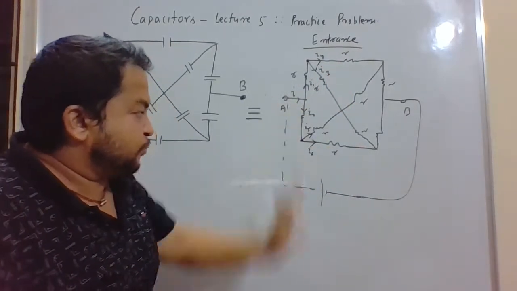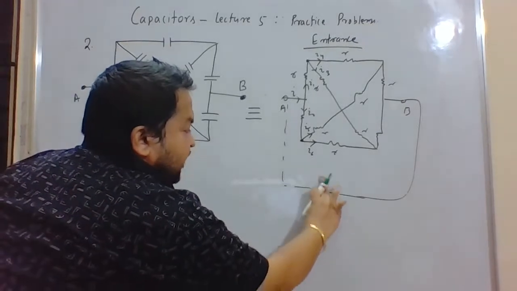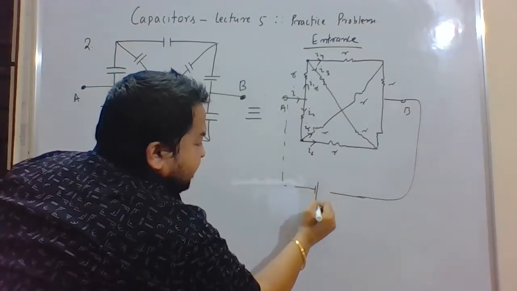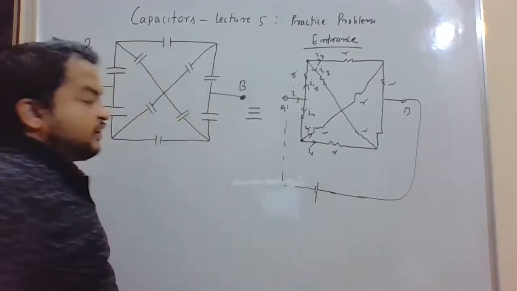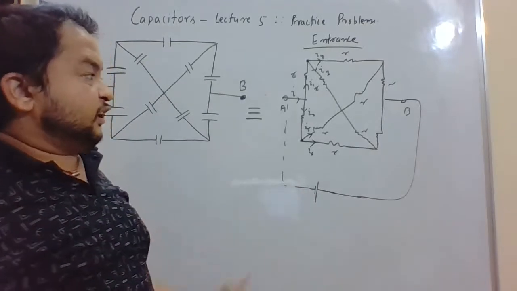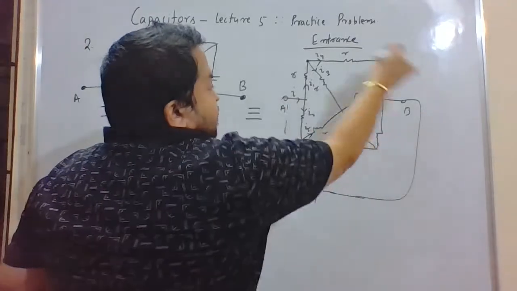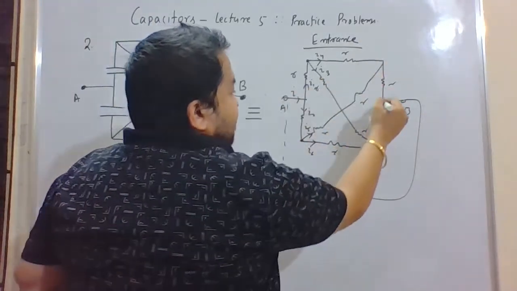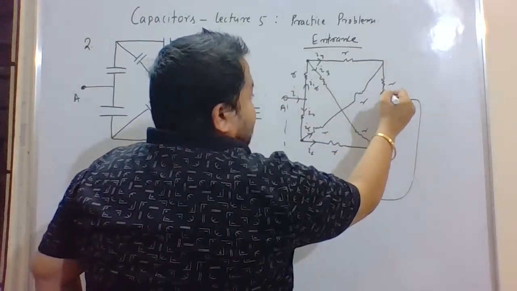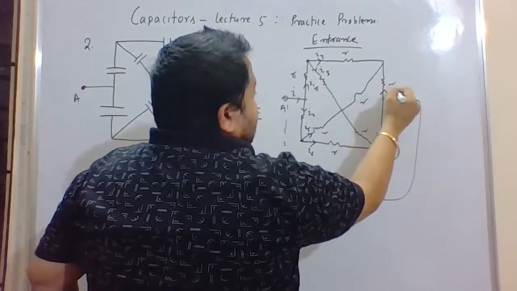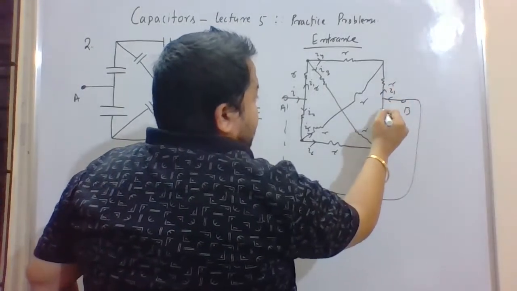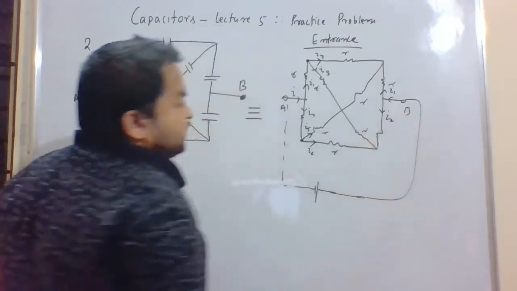So I would stop here and then mentally reverse the cell. If I'm reversing the cell, then I would see similar things from this side. A current I is coming from here, I1 will go here, and I2 will go to this side.